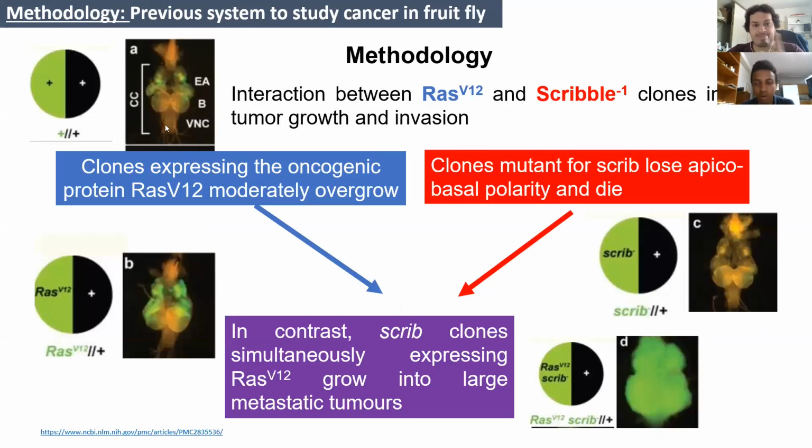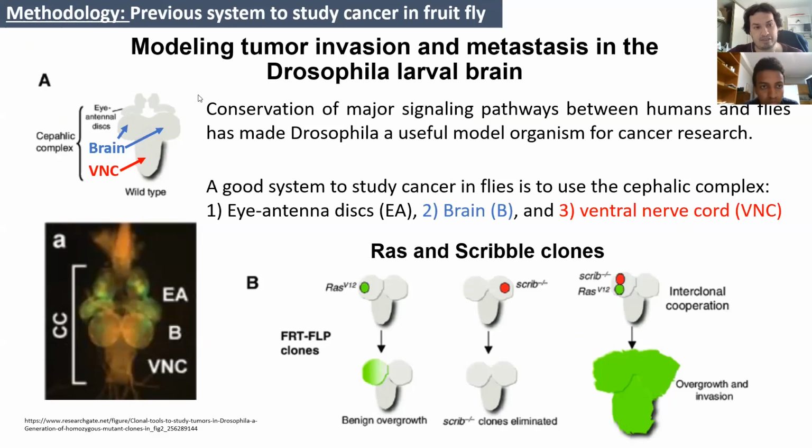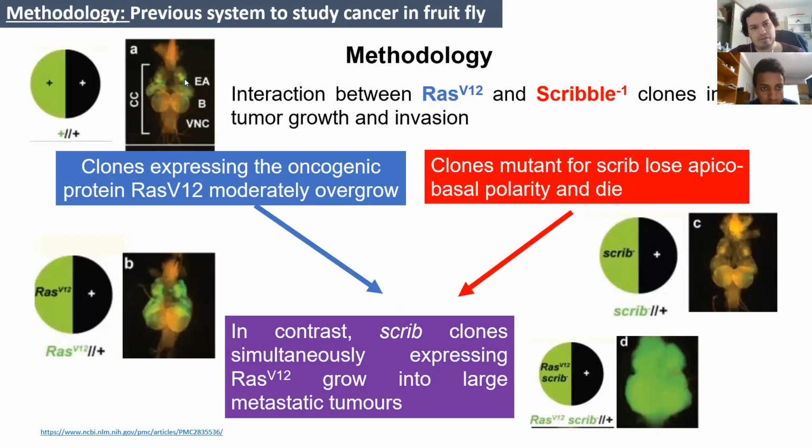This is the normal situation when you have clones that are wild type cells. You produce them here in the eyes of the flies. These are the eye and antenna imaginal disc, the brain, and the ventral neural cord. In the wild type they are only here.